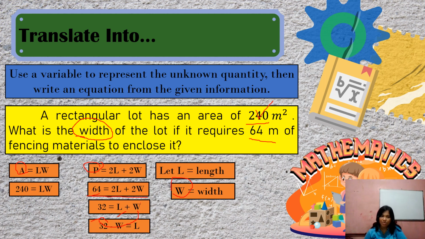Okay? So, tanggalin muna natin yung sapaw. Okay, yan. Now that we have this one, pwede na natin siyang i-substitute dito sa ating L. Substitute natin siya sa L. So, this area will be 240, tapos yung L maging 32 minus W. Yung L, naging 32 minus W, that is coming from here.